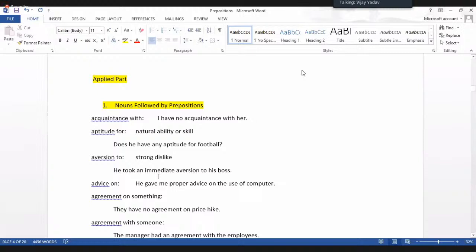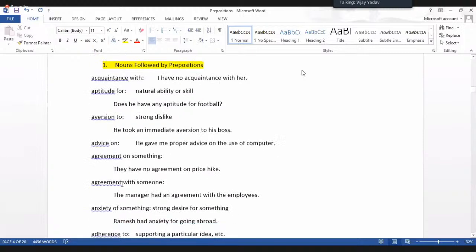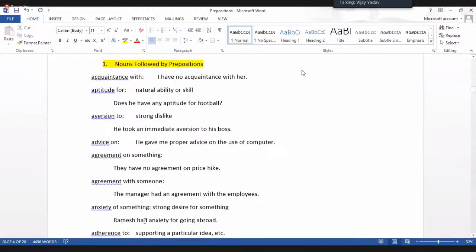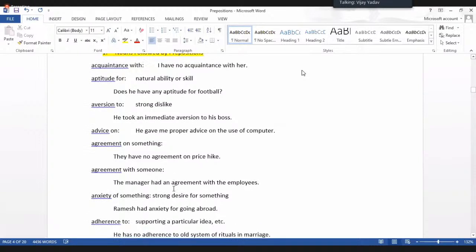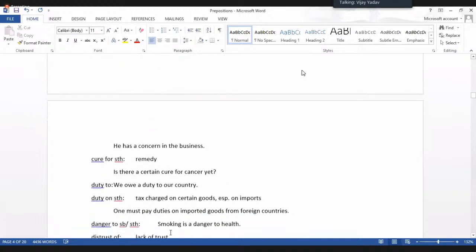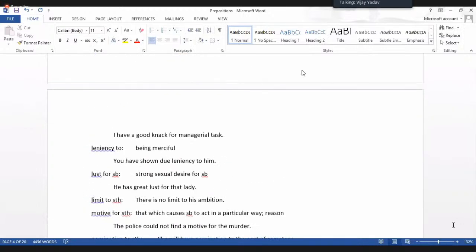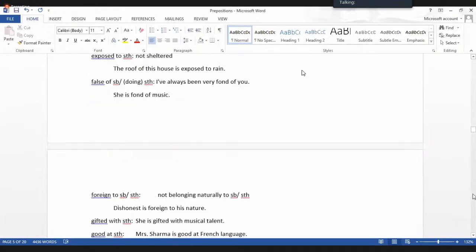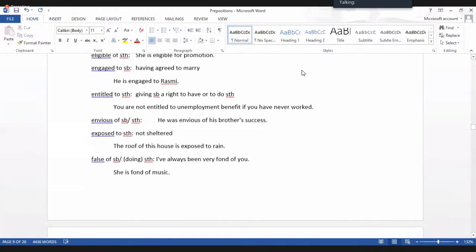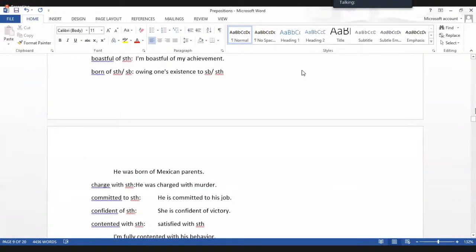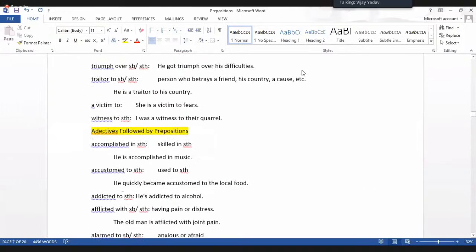Similarly, others are given, and I advise all of you to read all this. Now here you have adjectives followed by prepositions. Before this, we have the list of nouns followed by prepositions. I'll send all this, and then you have adjectives followed by prepositions.